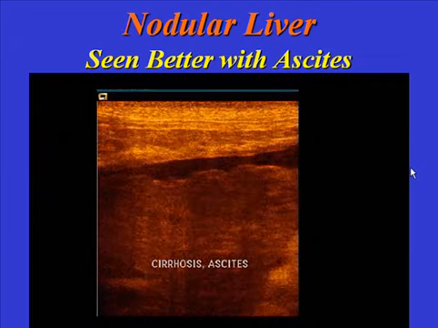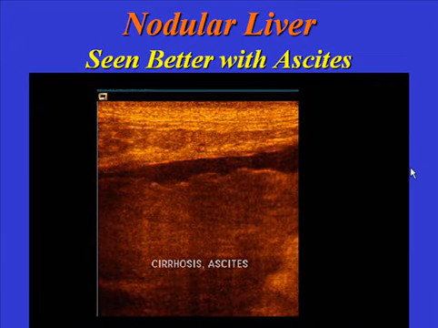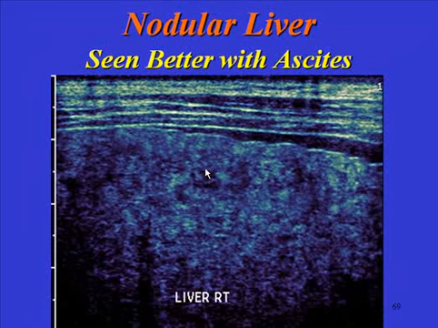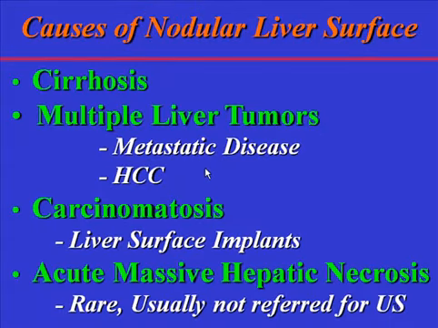Now here's one such case showing us the nodularity to better advantage with the ascites. Here's another case where the liver surface looks smooth on the left lobe, but looks nodular with ascites through the ribs. So there are exceptions to this, as there are to almost all rules, but in general, the left lobe is where you want to be.